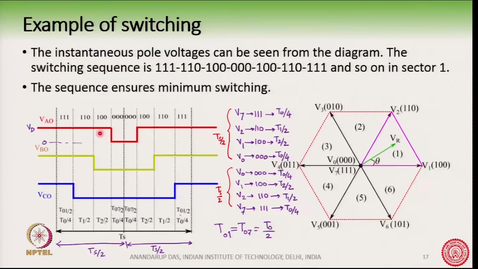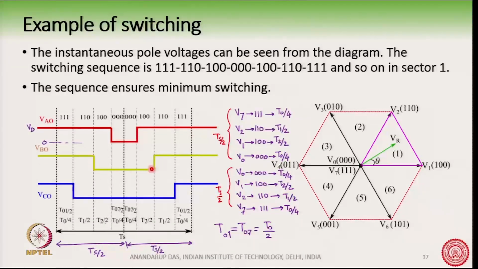Okay. So, therefore, the upper switch as well as the lower switch, because they are complementary in nature, are turned on and off once in this whole time period Ts, which means the switching frequency of the upper and the lower switches in phase A is equal to 1 by Ts. Okay.